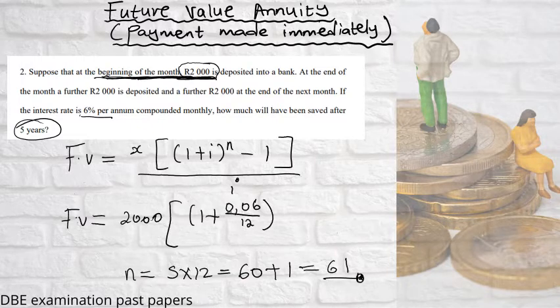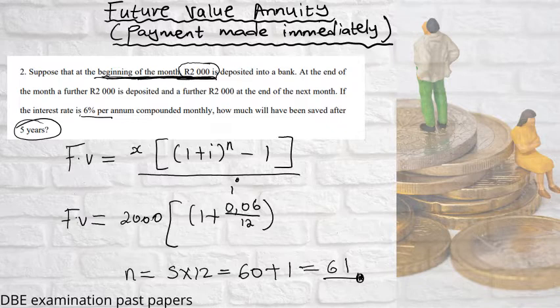Very important. So when you do future value annuity, be careful with your N, because that's where most students make mistakes. So there's that extra payment at the beginning of the month. We know with future value annuities, the normal state is that you have to pay at the end of the month. So if you pay immediately, that is, if you pay at the beginning of the month, there is that extra payment, you have to include it.